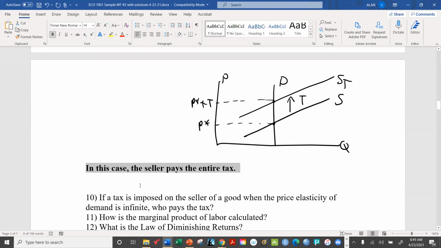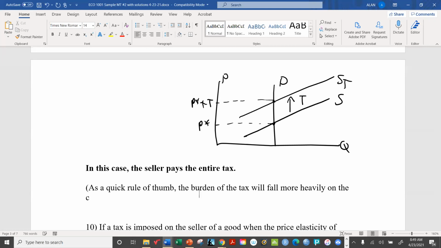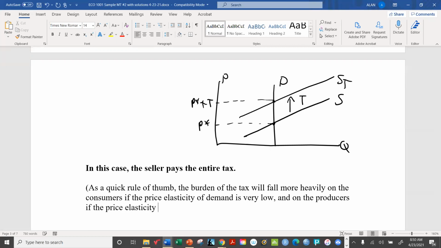Just as a quick rule of thumb, I want to remind you, the burden of the tax will fall more heavily on the consumers if the price elasticity of demand is very low, as it did here, and on the producers if the price elasticity of supply is very low.